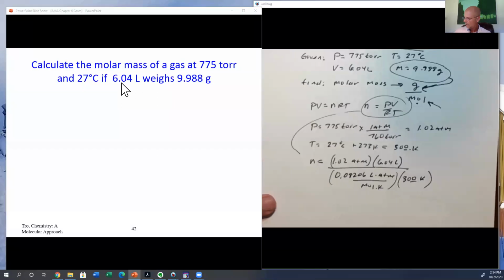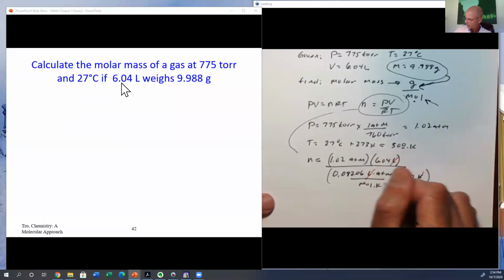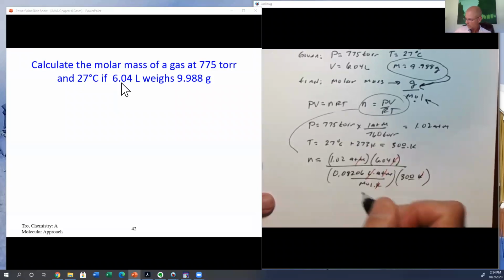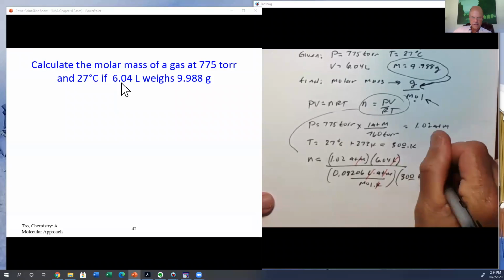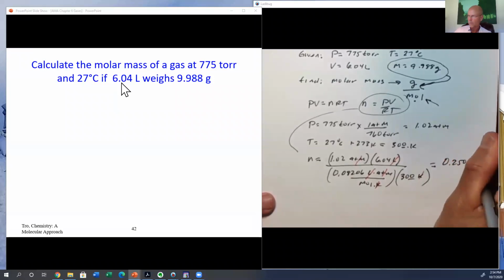Again, we cancel units: liters, Kelvin, atmospheres. We're left with 1 over moles, which is moles, and we get that n is equal to 0.250 moles.